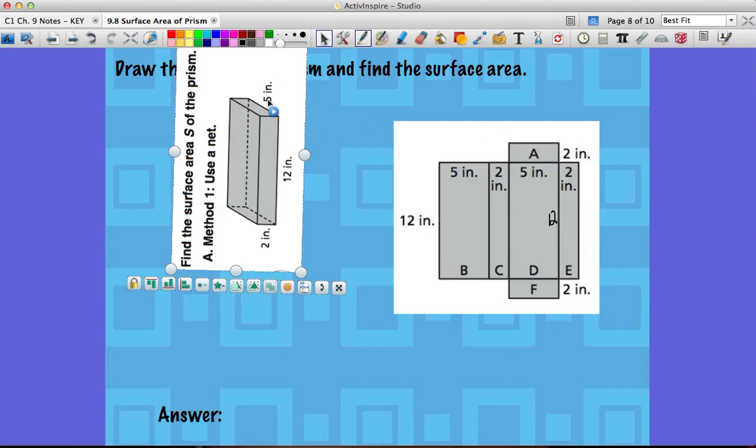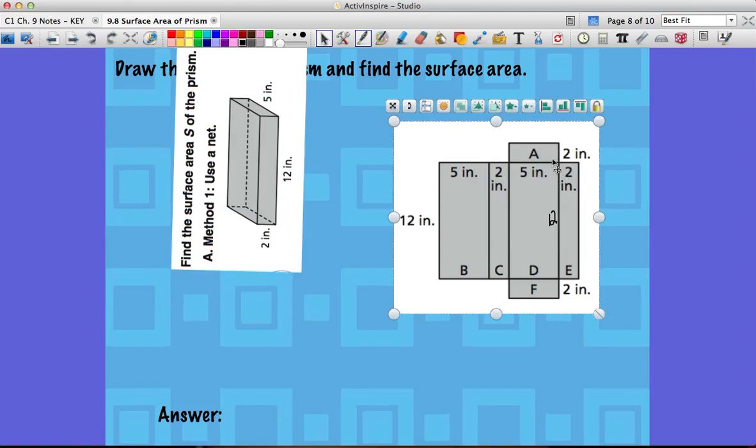Now you have to remember when you're putting together any type of cardboard box or a gift box or anything like that, you want all the sides when they fold up, you want them all to meet at the same spot. So all these sides that you're folding upwards all have to be 2 inches. So right here would be 2 inches, here would be 2 inches, and here would be 2 inches.